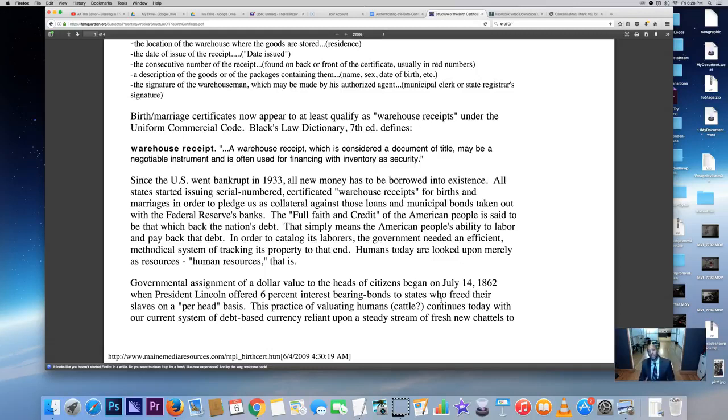Faith is a belief, meaning that the dollar bill is only this piece of paper that they can print unlimited amounts of, and only has value because the people believe it does. If the people did not believe it, it would not have any value whatsoever.